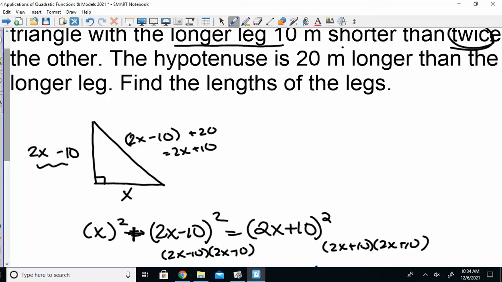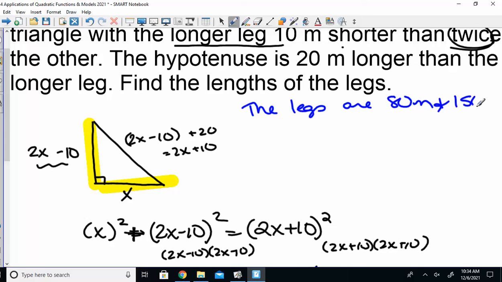So it has to be 80. So the length of the legs are these 2 sides. 80 meters, then 2 times 80 is 160, minus 10.